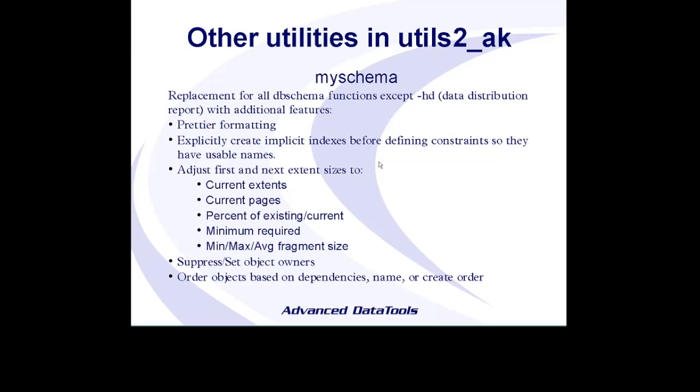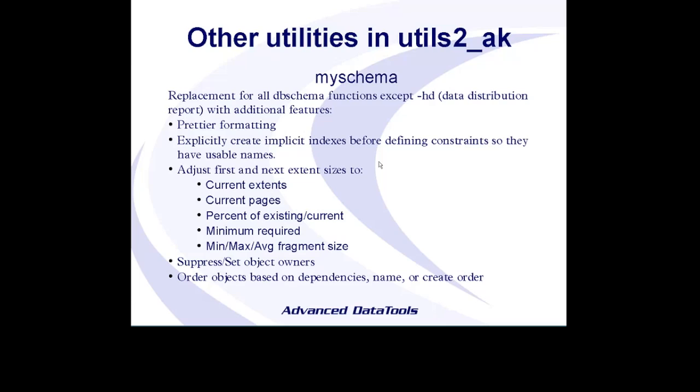Unfortunately, the data distributions are encoded and encrypted so that they're safe from prying eyes of those not authorized to run dbschema -hd, and so I can't decode them in myschema. If I ever figure out how to do that, I will include that functionality, but for now that's not there. I believe that myschema's schema output is prettier than dbschema, so that's one of the reasons I maintain the code.